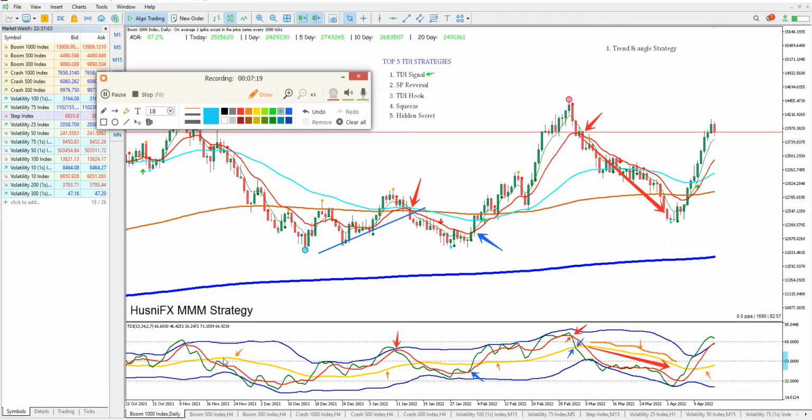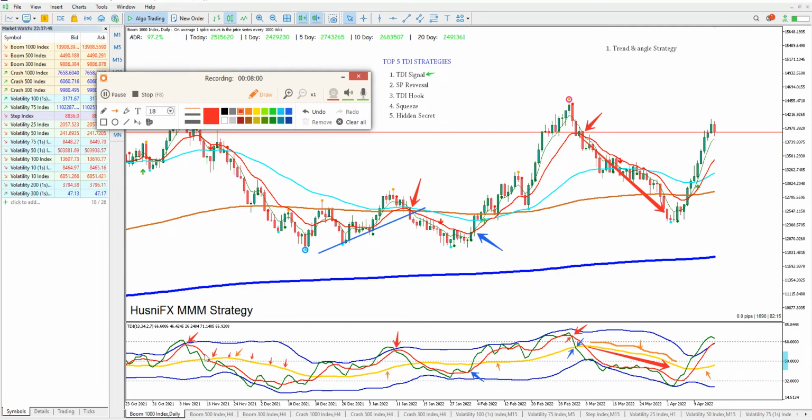Option 3 for the breakdown of the strategy is to combine the direction of the price and the green line of TDI. For example, in this condition, the red line is crossing over the green line, and here the yellow line is also pointing down.